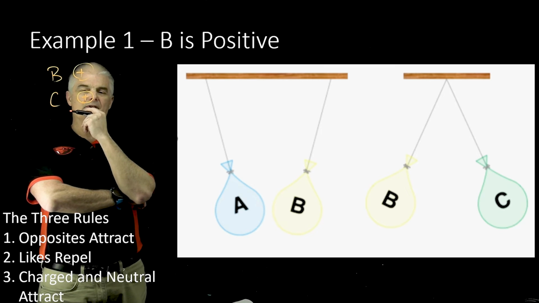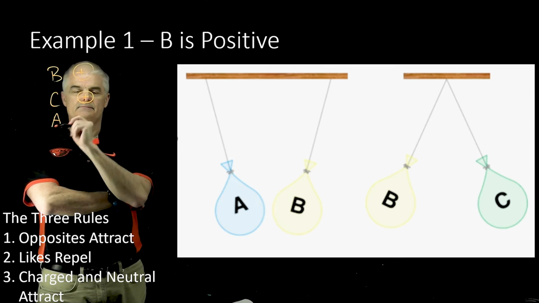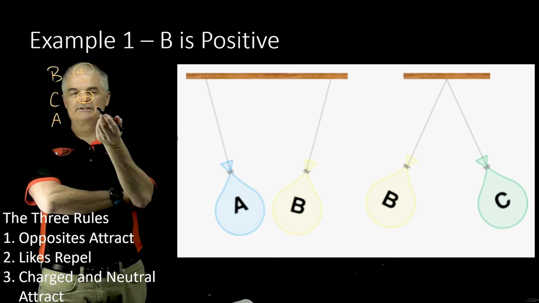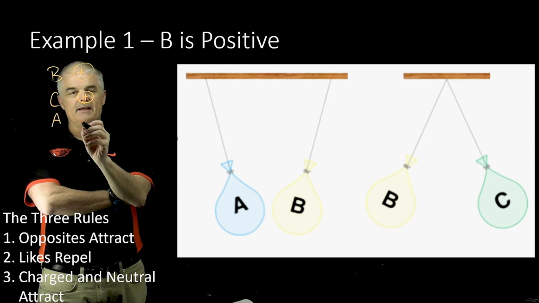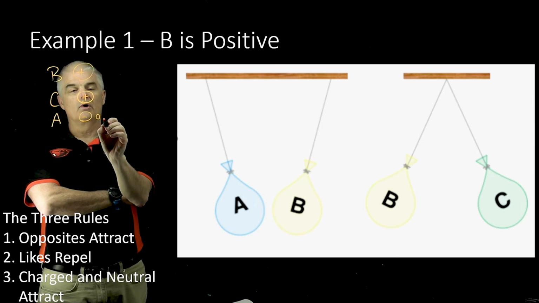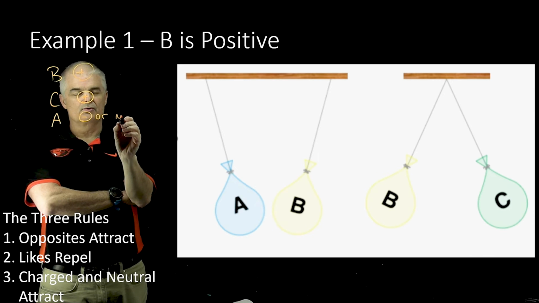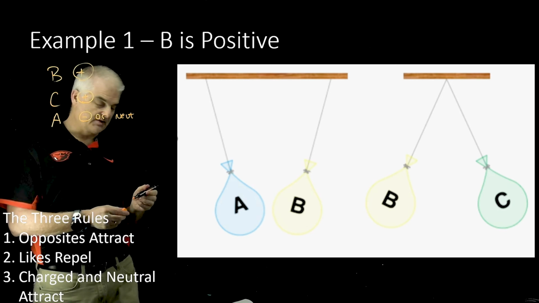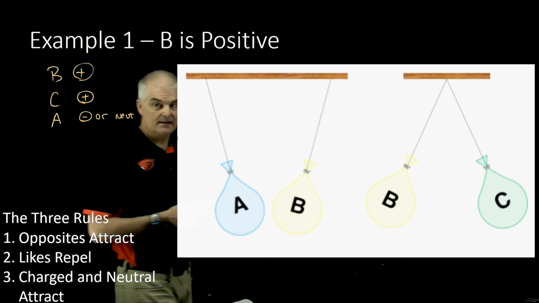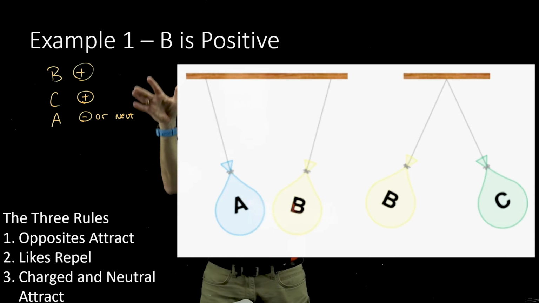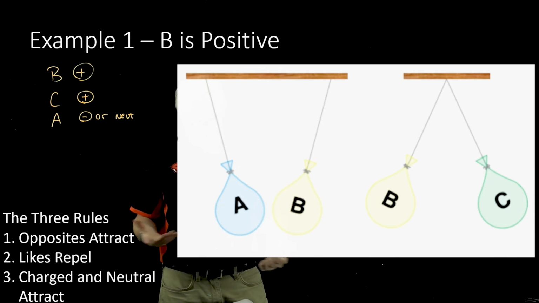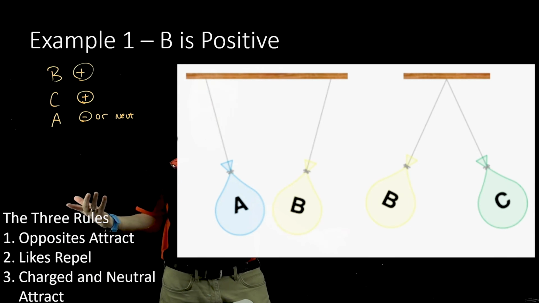Now what does that tell us about A? Does it help us at all? We don't know about A. We know that A is either negative or it is neutral. We don't know. So that's the best we can say in this example: B positive, C positive, and we don't know which one A is.